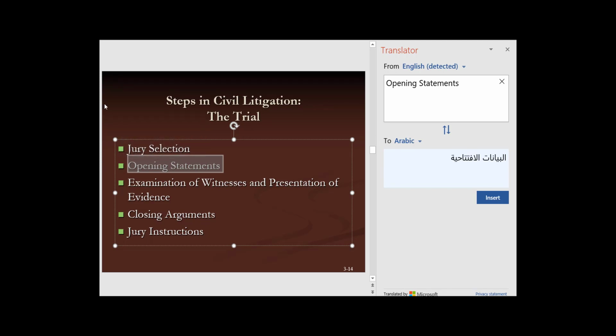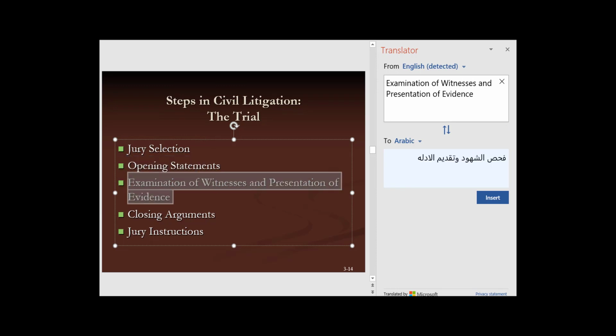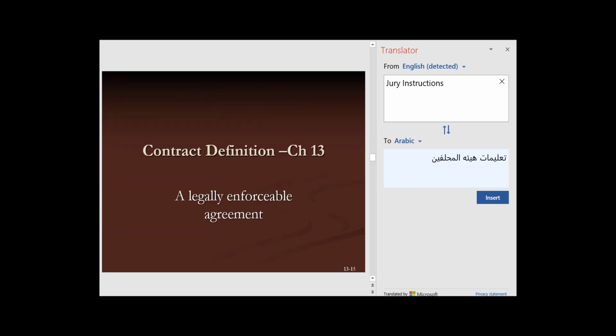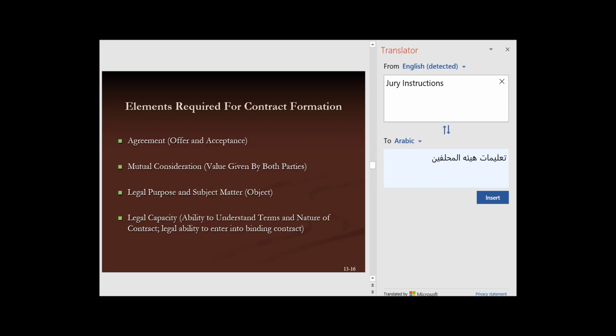It's going to stick out like a sore thumb. It's going to be like trial. But the trial is the first step. It's not part of the appeals. See? So 3 of these will be on that multiple choice, and then they're going to ask you which one is not. The 4th one will be like trial. It could be the service of process or ripeness. That's what I'm talking about.